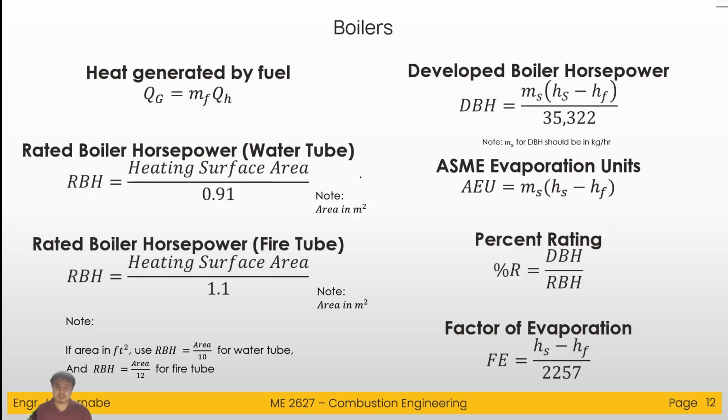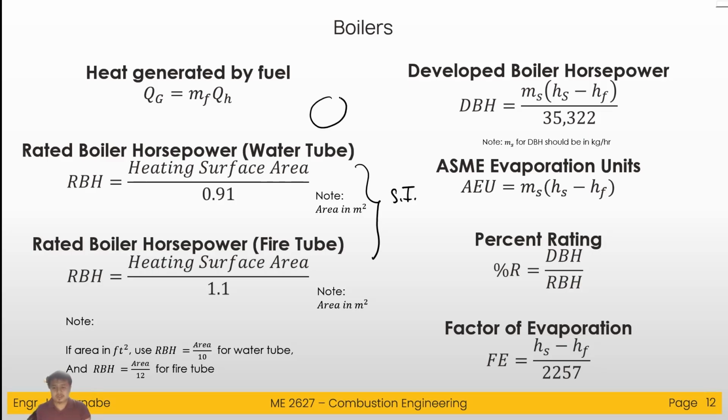The rated boiler horsepower is just a metric for how much surface area this boiler has. So for water tube, and these are both in SI metric units, if you have your heating area, which is basically just the surface area of your boiler, and you divide this by 0.91, then you get the rated boiler horsepower. So this is for water tube.